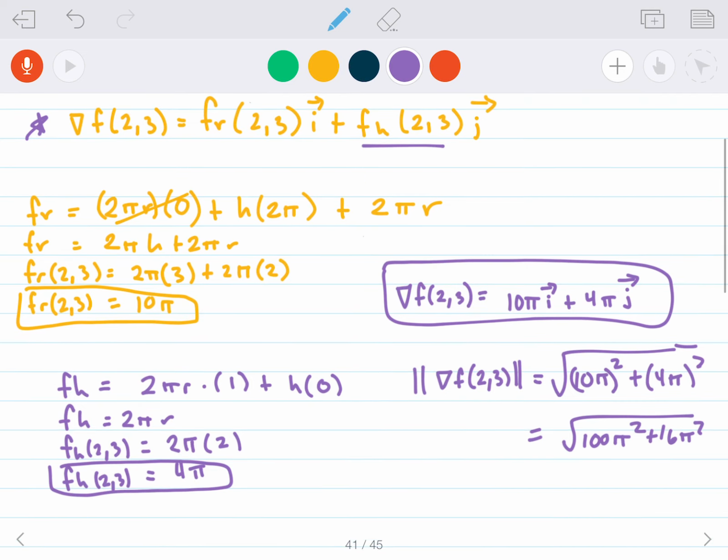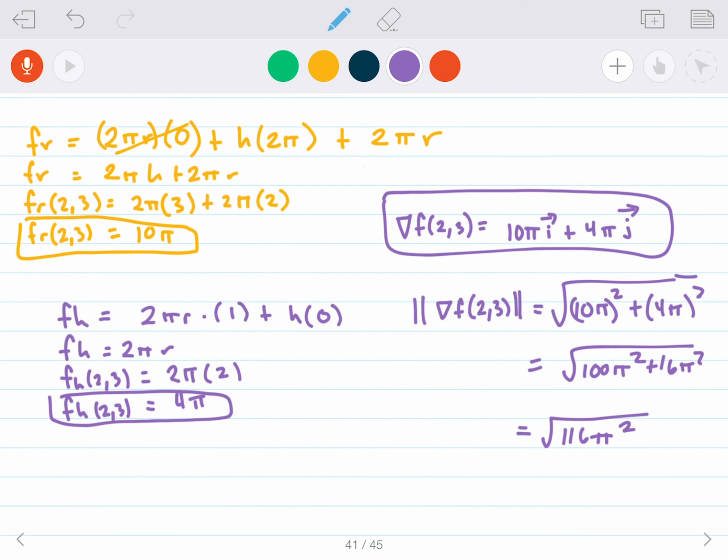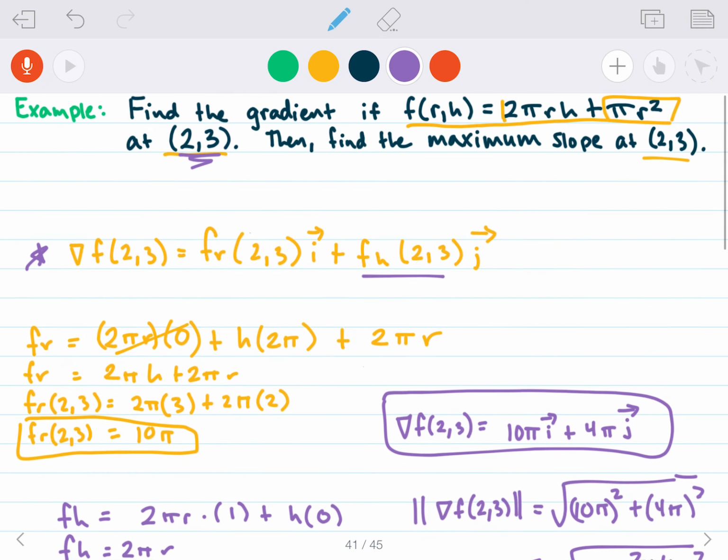So that's 116 pi squared. You can simplify it if you want, but this is the max slope at the point (2, 3) on the surface in the direction of a unit vector. Okay. All right.